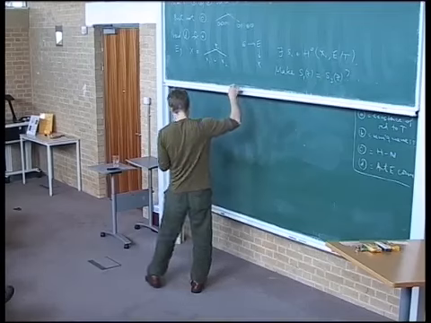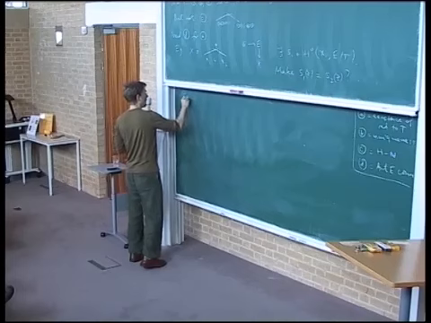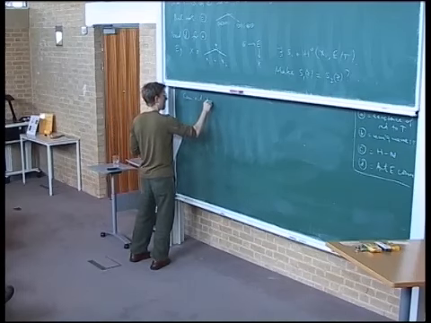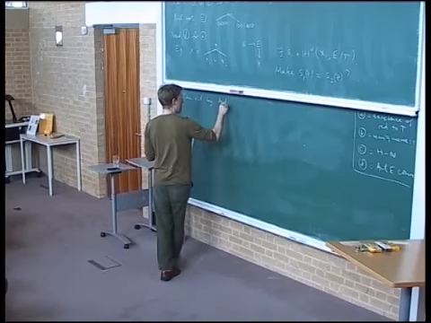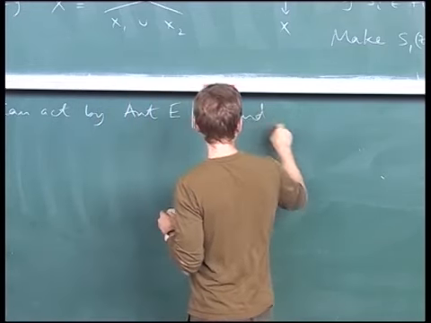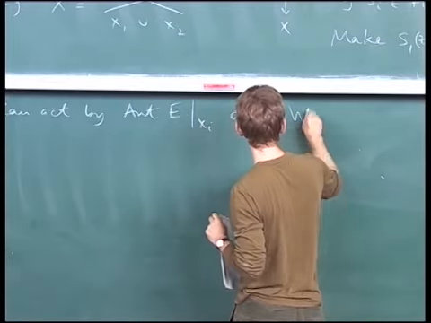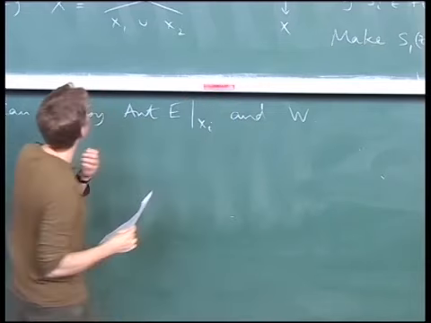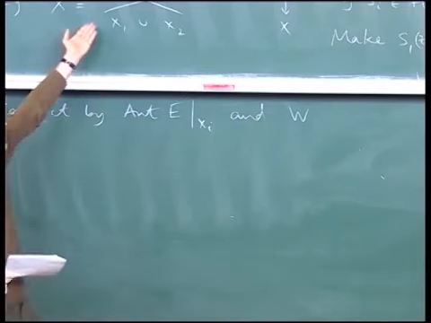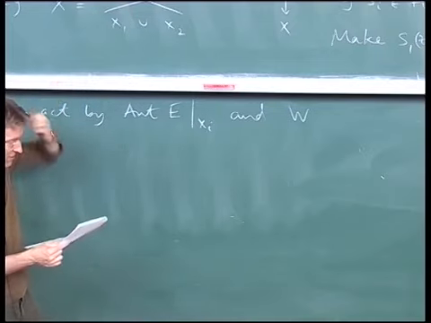Right, I can act by automorphisms, by gauge transformations, basically on the two sides, and by the Weyl group. Think about where these are vector bundles: I can act by automorphisms or permute the summands.